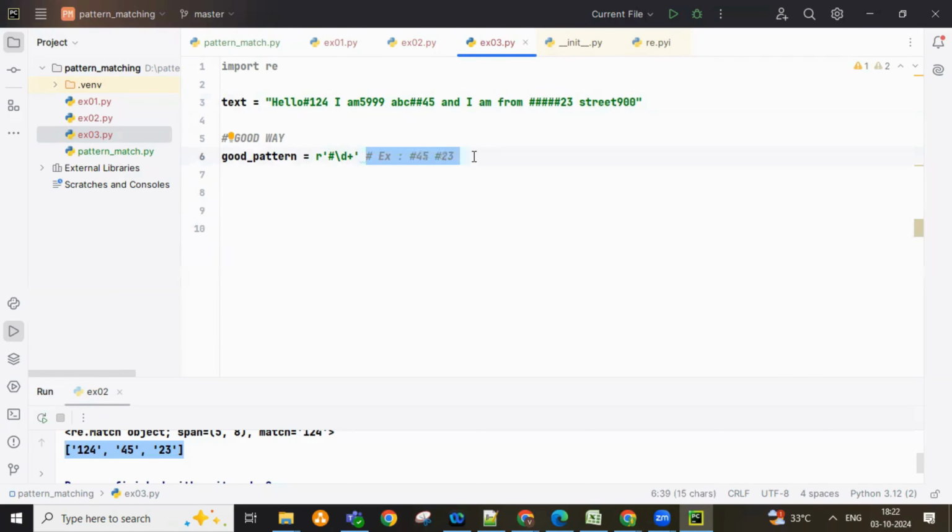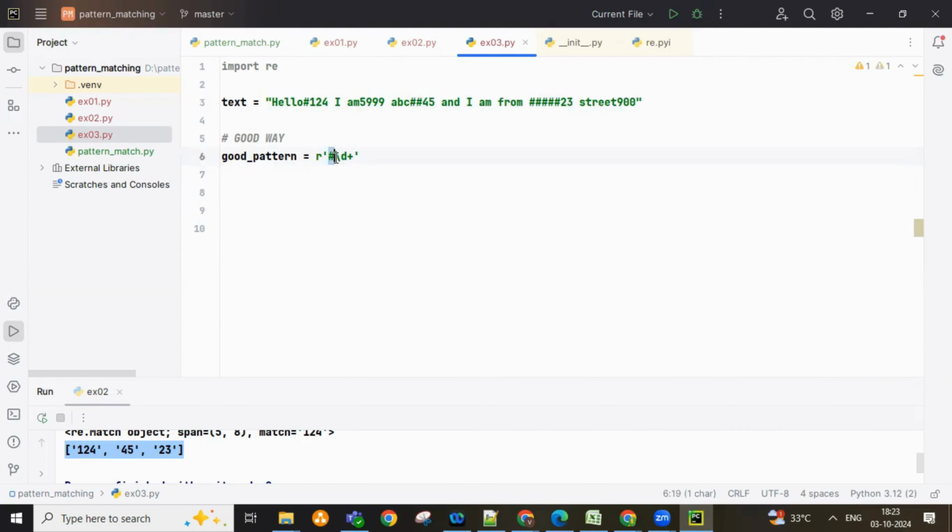What I want to match is, hey, I want to get all the numbers whose prefix is one or more hashes. So hash 1234, double hash 45, it has to match these two. But it shouldn't match 5999 and 900. Now, how can I implement the pattern?